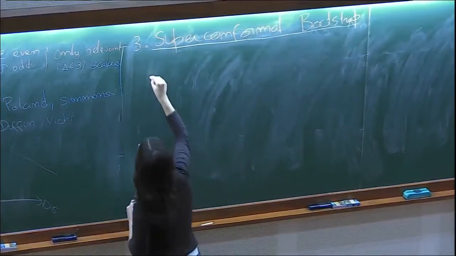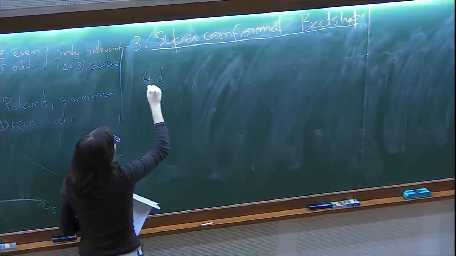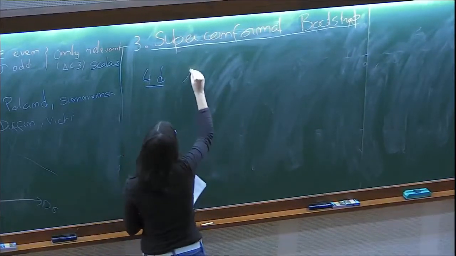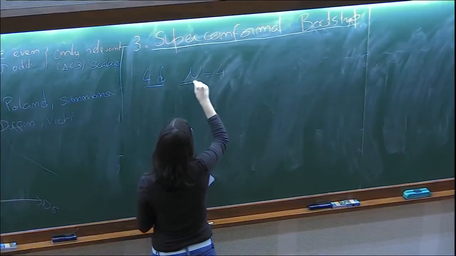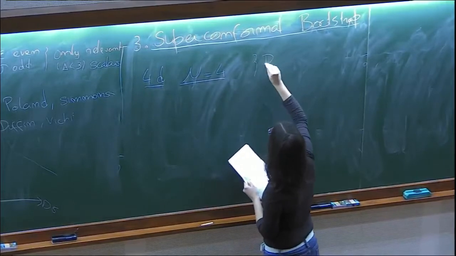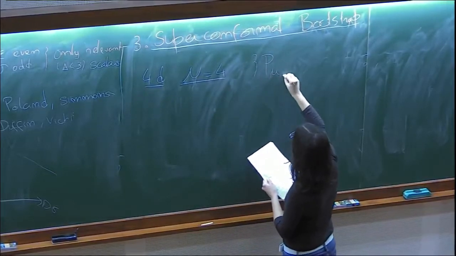Okay, so for concreteness, let me focus on 4 dimensions, and let me take the maximally supersymmetric theory, which is N equals 4. So here, what are our generators? Well, yesterday Pedro wrote for you the generators of the conformal group, the momenta.